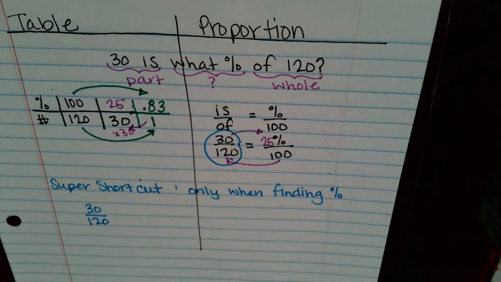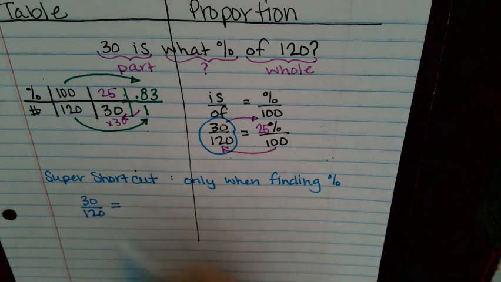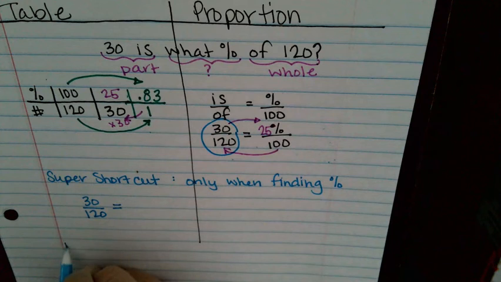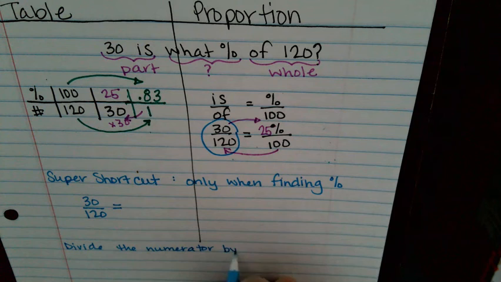Remember earlier in the week on Monday we watched the video on how to convert fractions to decimals and percents? You can convert this to a decimal and a percent by dividing the numerator by the denominator. Okay, so you can divide the numerator by the denominator.